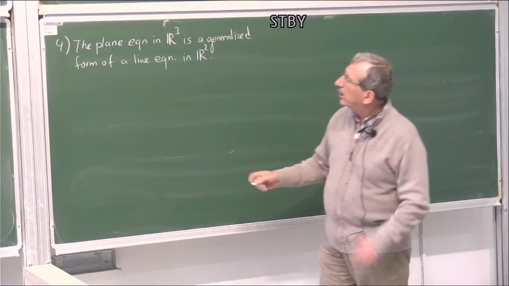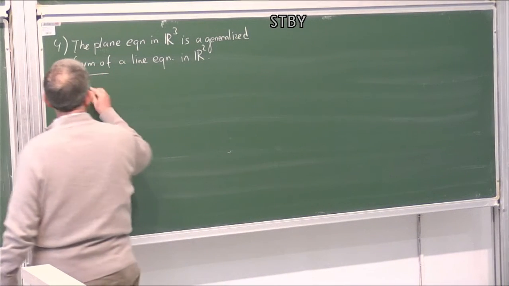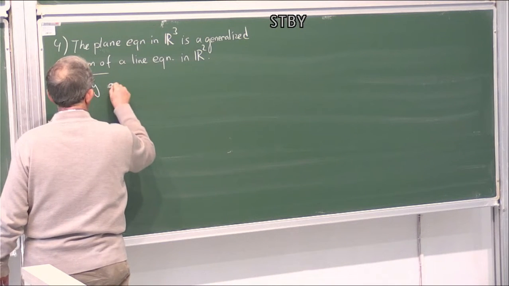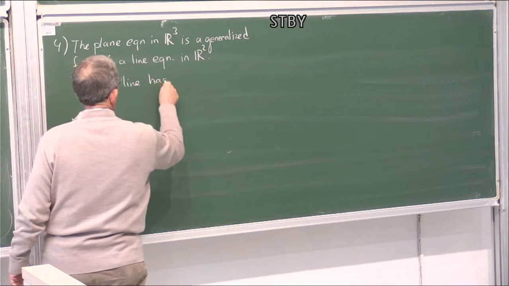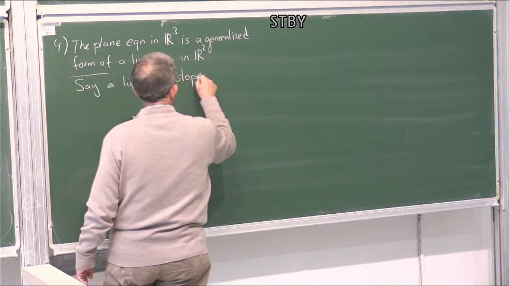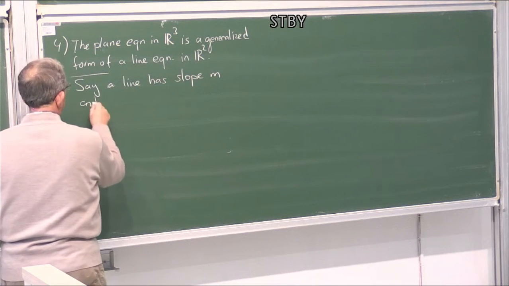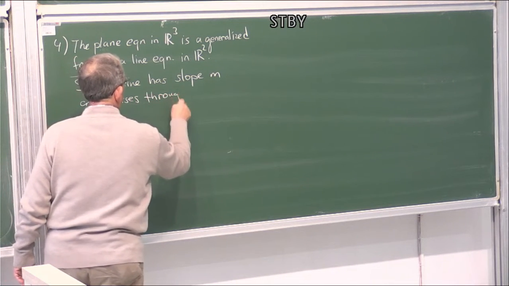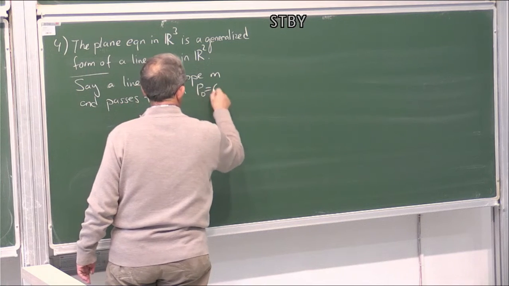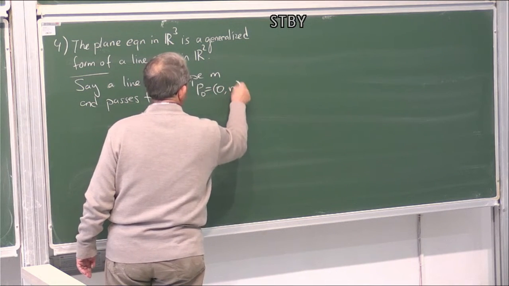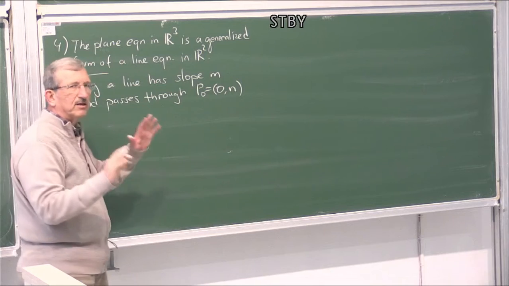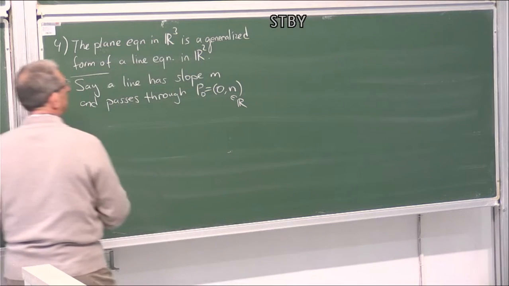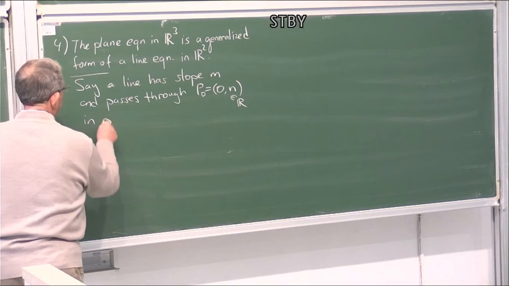So let us see why this is true. Say a line has slope m and passes through P0, which is (0, n). Here n is not an integer, just a scalar, a real number, in the plane.